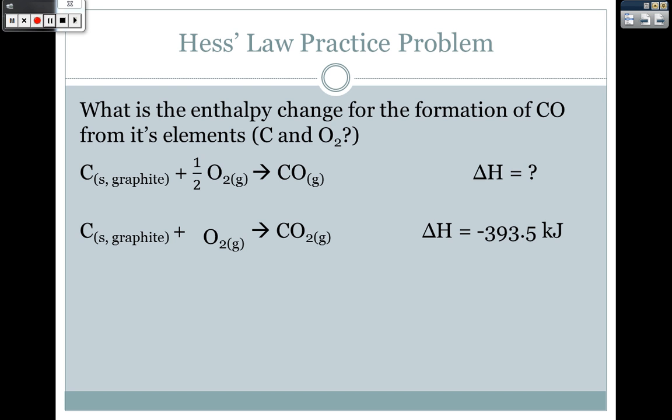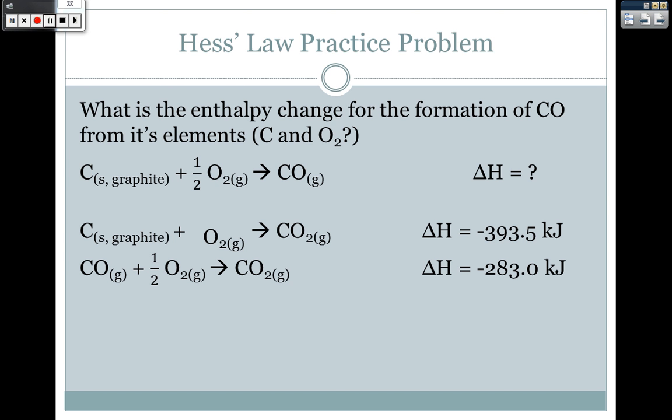We know that carbon graphite plus O2 makes CO2, which has a delta H equal to negative 393.5 kilojoules. We also know that carbon monoxide plus a half O2 makes CO2 as well, with an enthalpy change of negative 283 kilojoules.